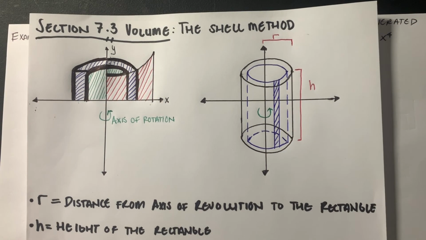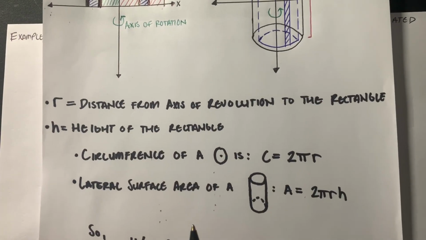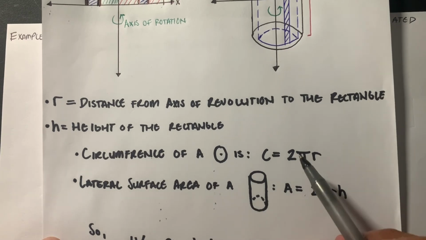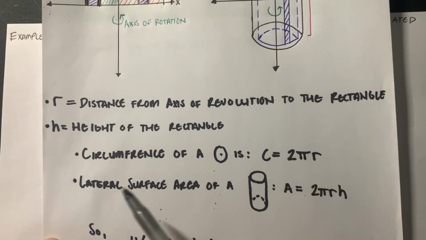Furthermore, the circumference of a circle is C equals 2 pi r, and the formula for the lateral surface area of a cylinder is A equals 2 pi r h.